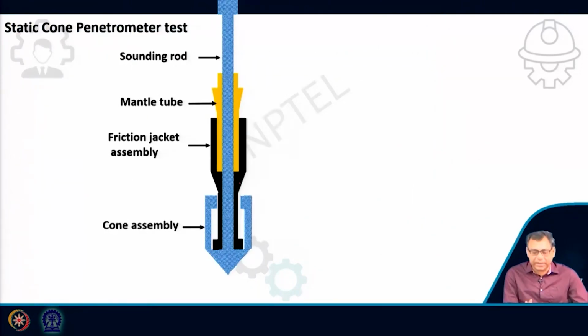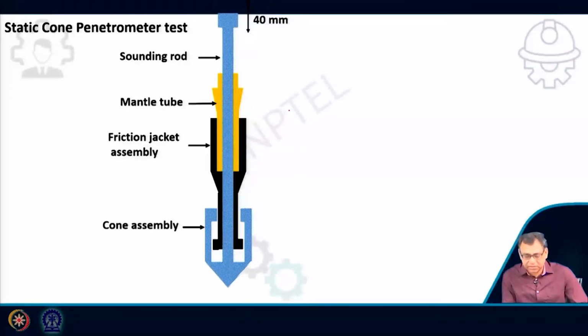Now, let me explain this one particular position of the SCPT test. So, these are the sounding rod, then this is the mantle tube, the yellow one, then the friction jacket is the black one and the cone assembly is this blue one. So, this is the first stage.